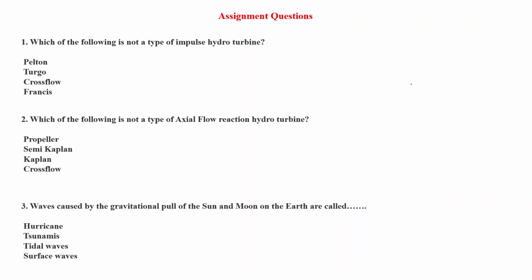Okay, so this is the correct answer. Basically, Pelton, Turgo, and Crossflow are impulse hydro turbines. This one is Francis, and one more was there, Kaplan, which are basically reaction type hydro turbines.